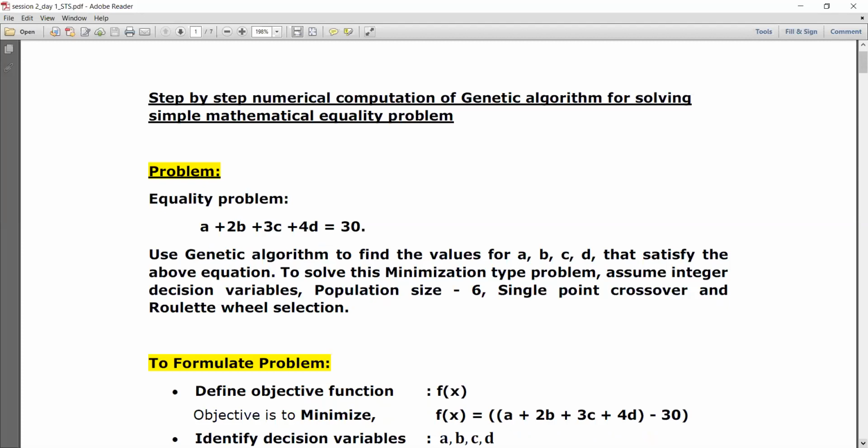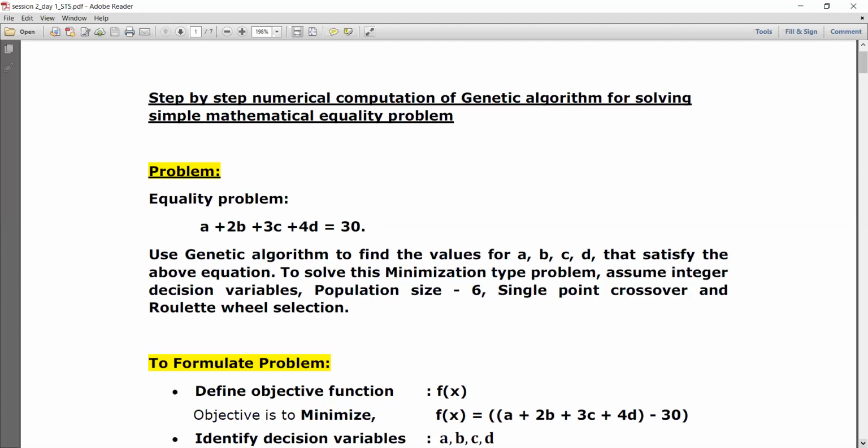It is very clear that the genetic algorithm or evolutionary algorithm is a pure iterative technique. So normally, if it is a traditional technique to solve any optimization problem, we will end with the solution. We will not start with the solution.